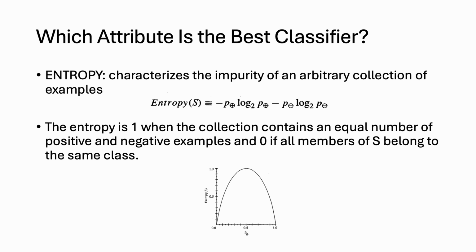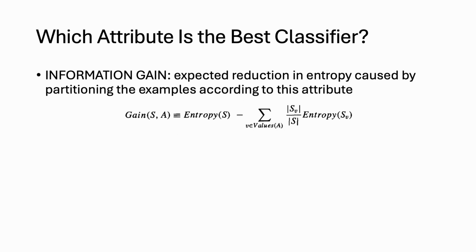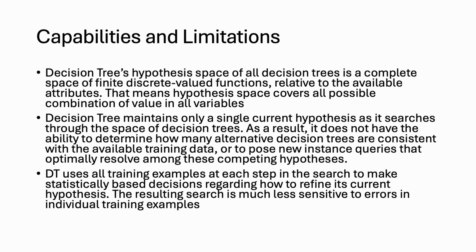The entropy is 1 when the collection contains an equal number of positive and negative examples, and 0 if all members of S belong to the same class. The next one is information gain, which is the expected reduction in entropy caused by partitioning the examples according to this attribute.